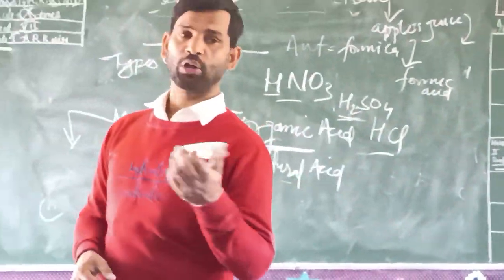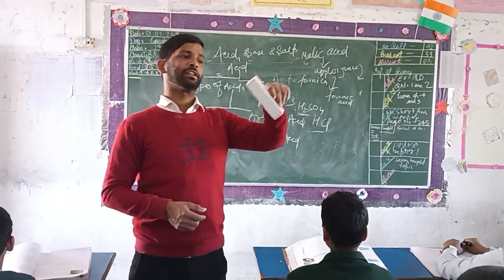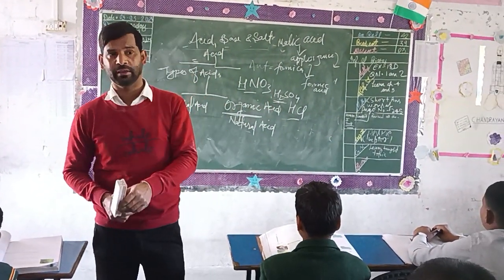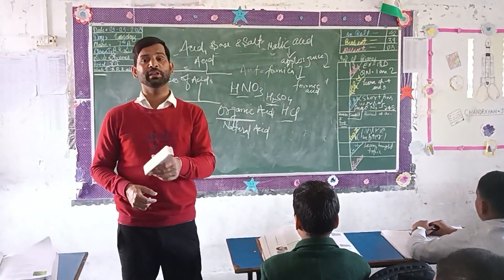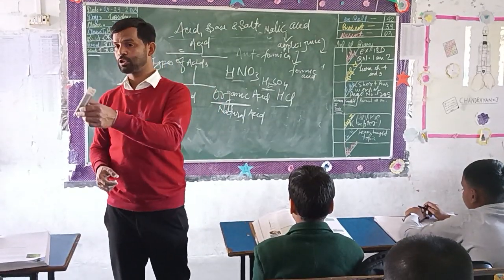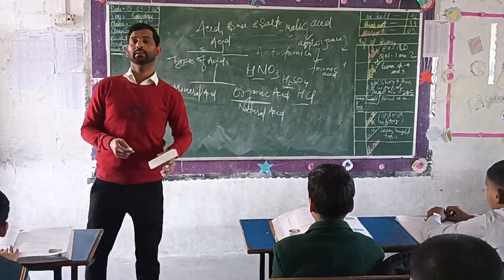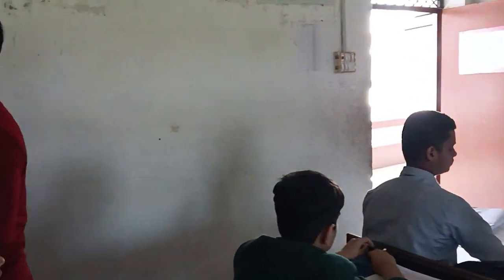Strong and weak. Strong base and weak base. So on that basis we can say there is a weak acid as well as a weak base, and a strong acid as well as a strong base. So what are the weak acid and weak base? What are the strong acid and strong base?